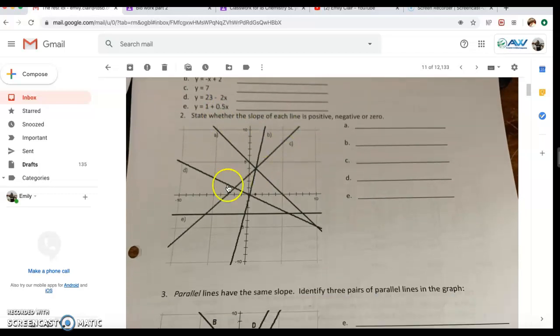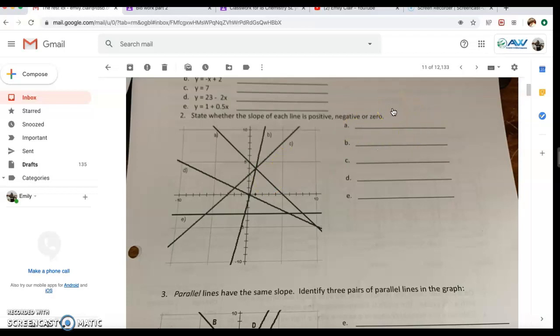In the next one, you are given the actual lines drawn. The only thing that's kind of tricky here is picking out which line is which. So A is this one right here. We can see as we travel from left to right along that line, it's slanting down, so its slope is negative. And that's all you would need to write on that line: negative.